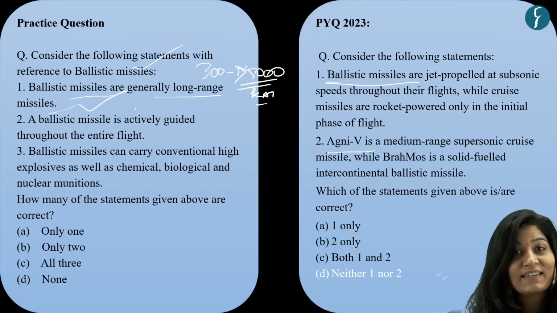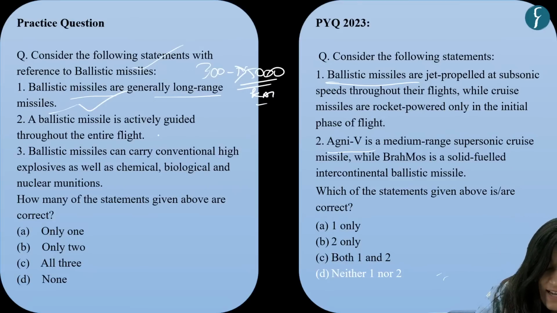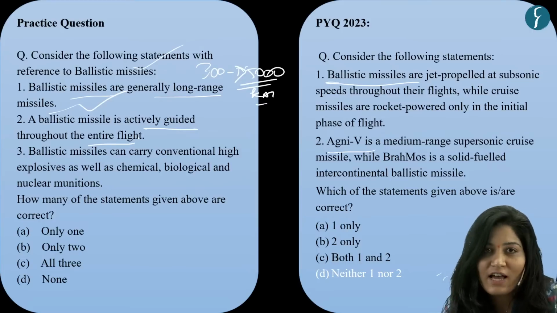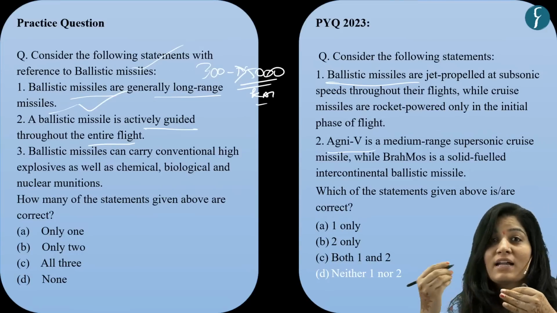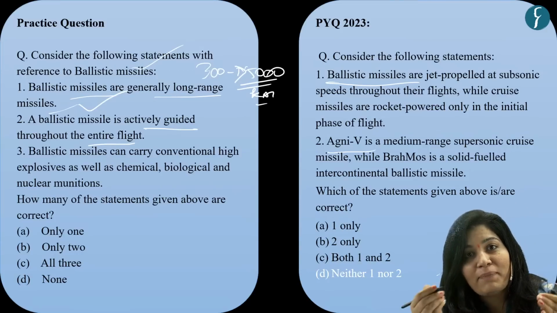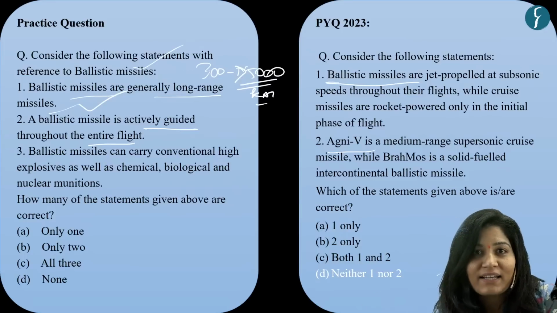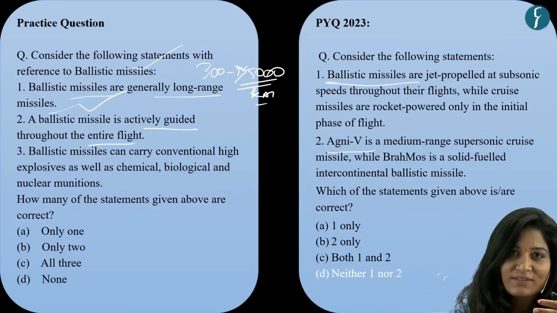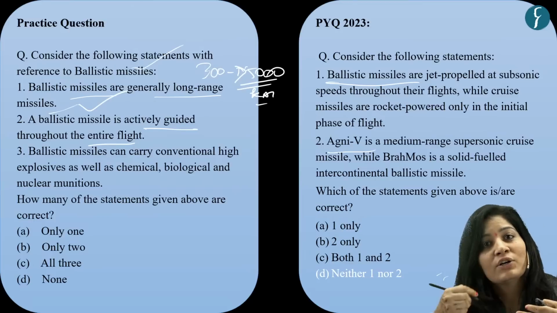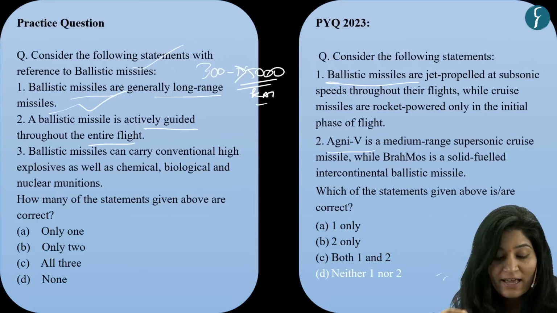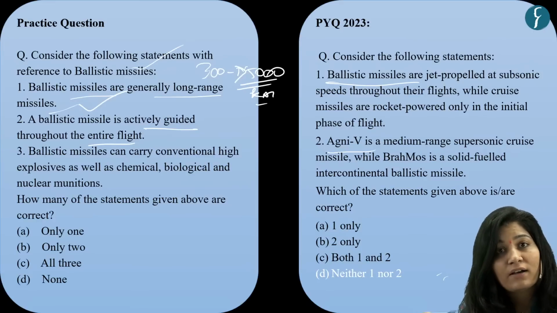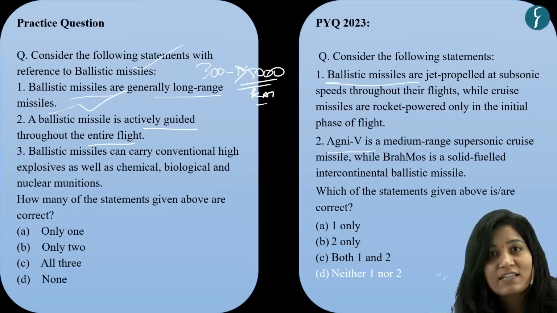Now let's come to the second statement. Ballistic missile is actively guided throughout the entire flight. Now, a ballistic missile follows a parabolic path, that is a specific parabolic path guided by velocity and gravity. Unlike a cruise missile, which is guided by an active path that we can guide in between, a ballistic missile follows a pre-decided path, that is a parabolic path.